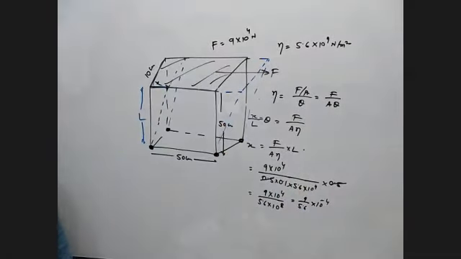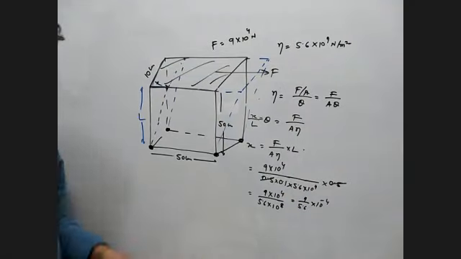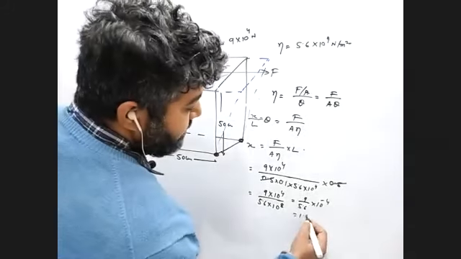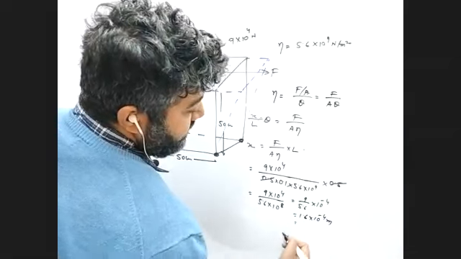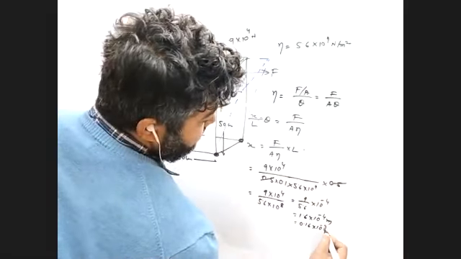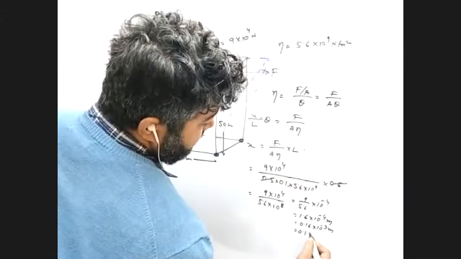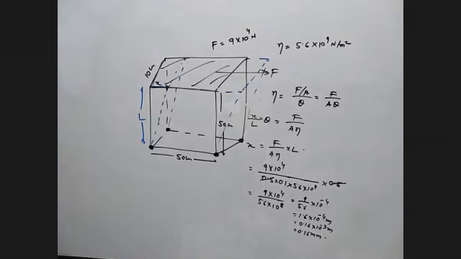And if you calculate this value, I think the value is 1.6 into 10 to the power -4 meter. That is, you can say 0.16 into 10 to the power -3 meter, which is 0.16 millimeter. Is it okay? Yes, sir.